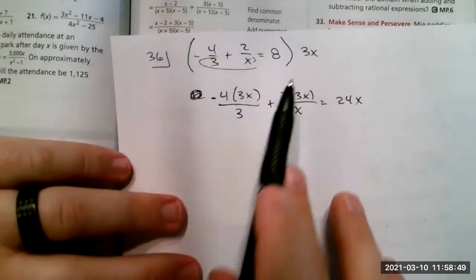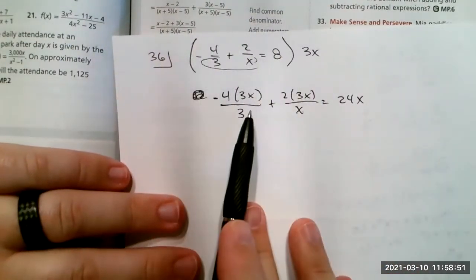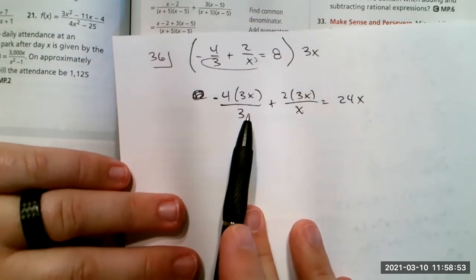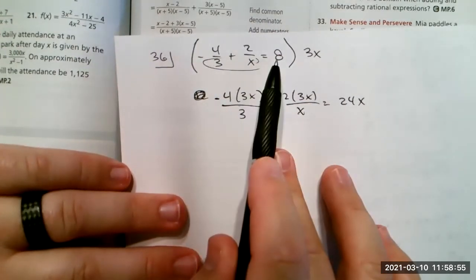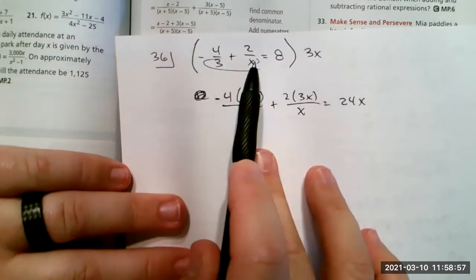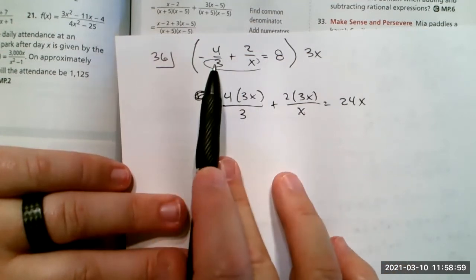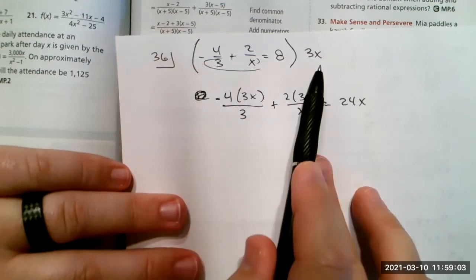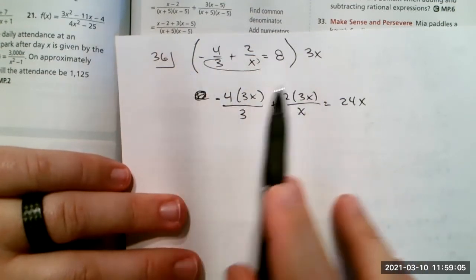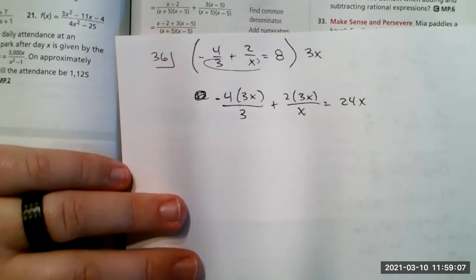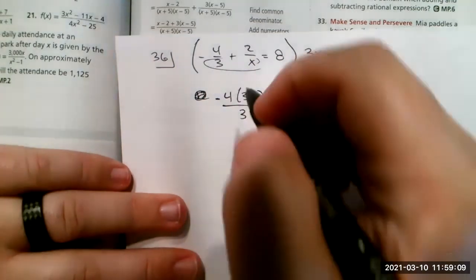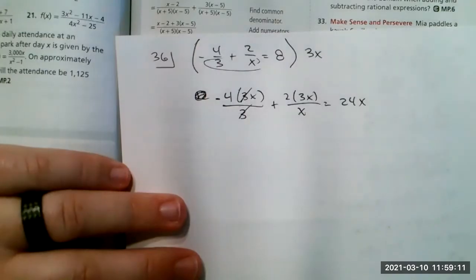The reason I multiplied the entire equation by that least common denominator, first of all, is because it's an equation. I can't just multiply the left side or one single term inside that equation by something. If I want to multiply something by 3x, I have to multiply everything by 3x. The other reason I did that is because watch what happens. I've got a 3 up top and a 3 down below.